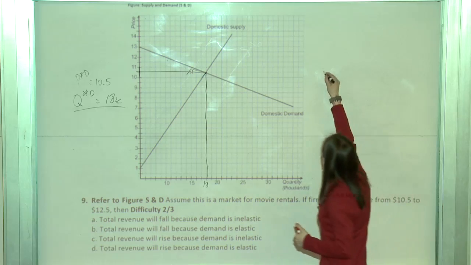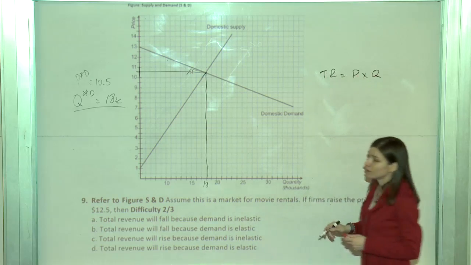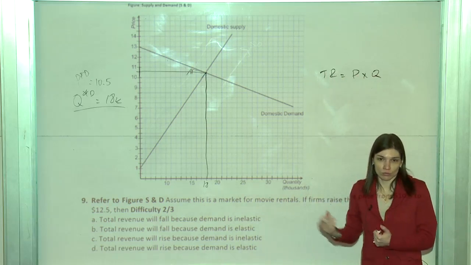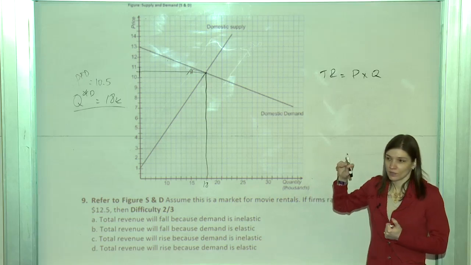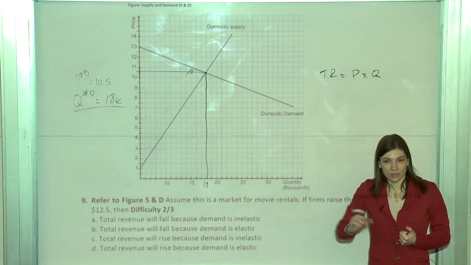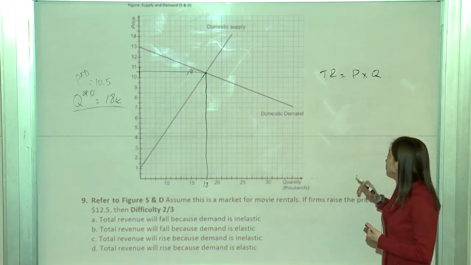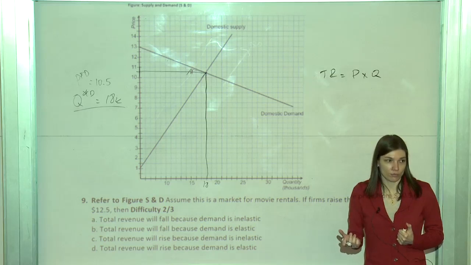Okay, so total revenue is going to be price times quantity. So when you change the price, whether total revenue is going to go up or down depends on how responsive buyers are to that change in price.